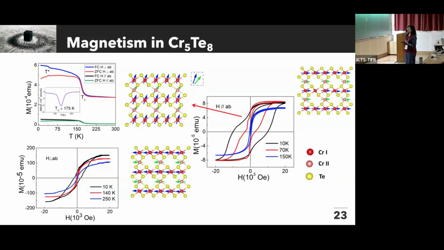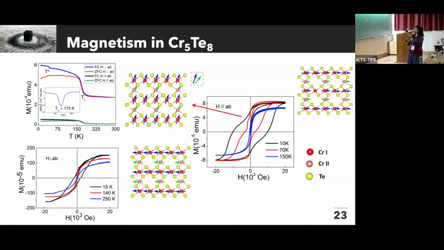Here the hysteresis is done with the field perpendicular to the AB direction. For the field parallel to the AB direction, the MH curve looks very interesting because we see a small kink near the zero field. This can be explained by the fact that once you apply a high magnetic field, all the spins of chromium 1 and 2 are aligned along the field.